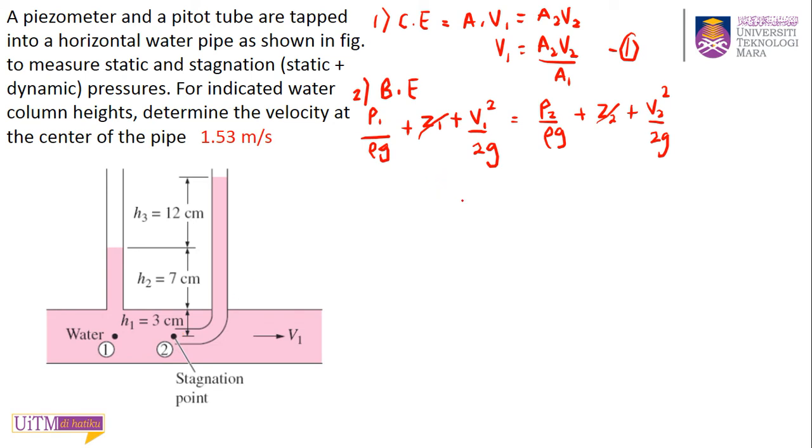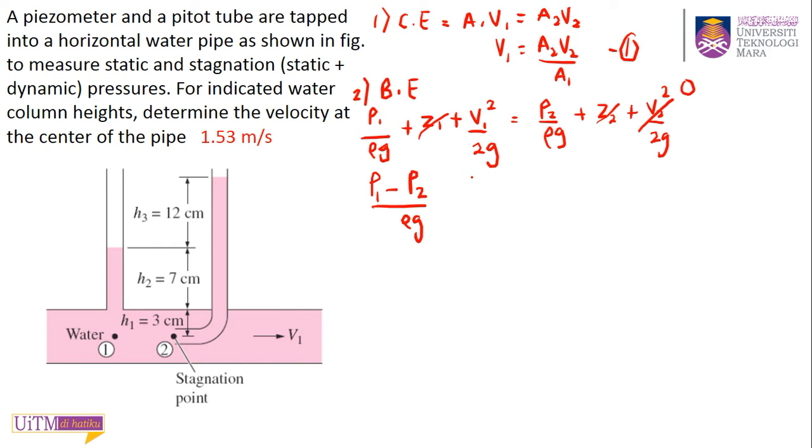So your V2 is 0, so you can cancel out. So that's good, we're done. So that leaves you only P1 over rho G plus V1 squared over 2G equal to P2 over rho G. So make it a habit to write your pressure term on one side, so it will look like a pressure difference. Okay, P1 minus P2 over rho G.